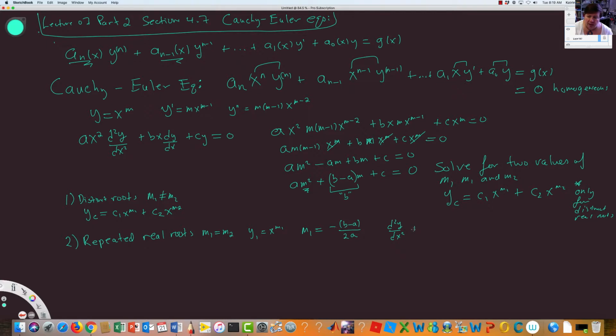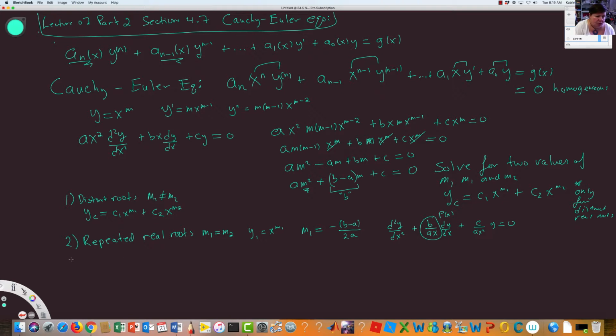Okay, plus I'm going to have b over ax, because one of the x's canceled, dy dx plus c over ax squared y equals 0. So right here is that p of x function that we always use when finding the second linearly independent solution.